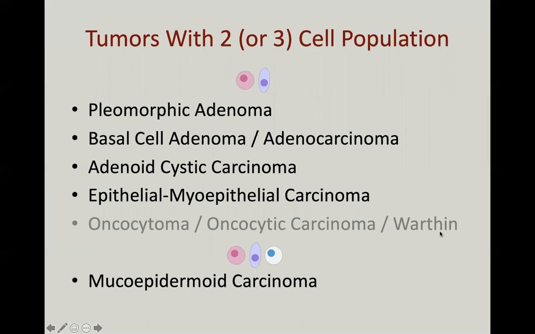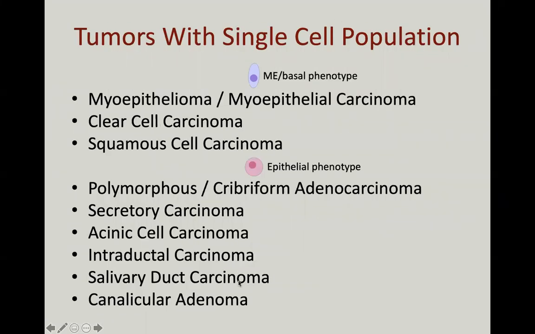Oncocytoma, oncocytic carcinoma, and Warthin are here because even though you really cannot tell that these are of 2 layers because they all look just like oncocytes, there actually are P63 positive oncocytes at the periphery of some of these nests that we'll see later. But even though it looks like a single cell type, it's actually 2 on IHC. Mucoep is really the only one that has 3 cell types, which we'll talk about later.